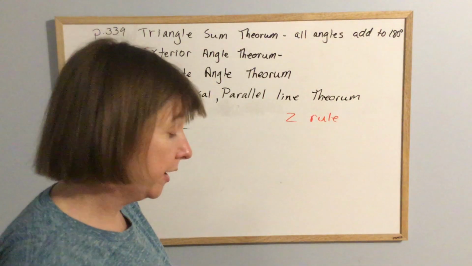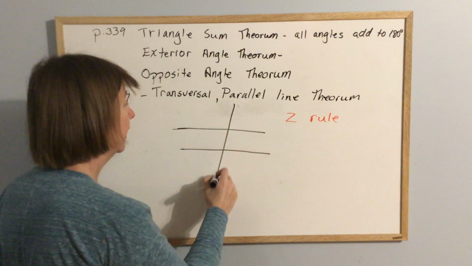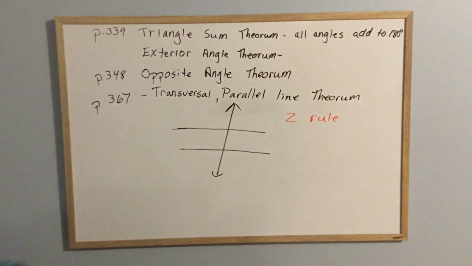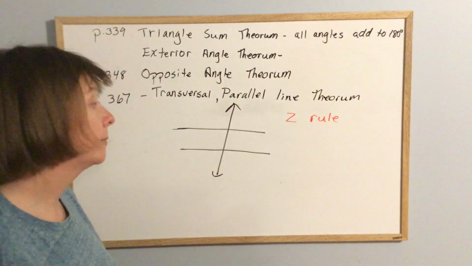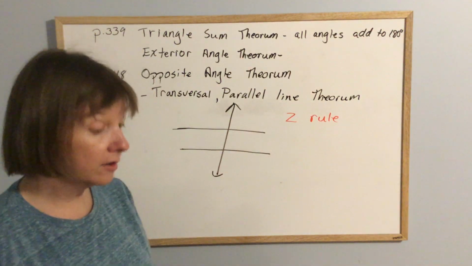So the next one, when we have two parallel lines and we have a transversal going through it, the next one says the corresponding angles are equal. So let me do that in a different color.